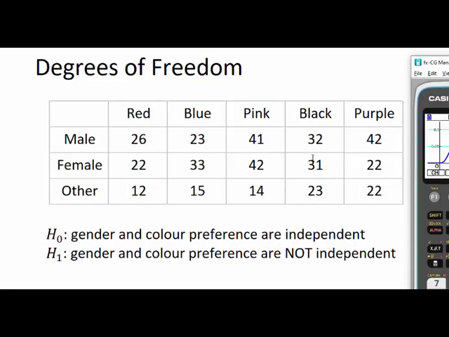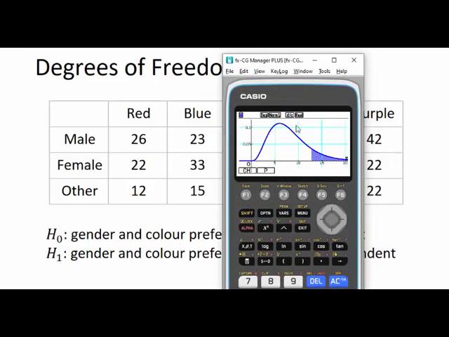Now, so what we're saying is that if the null hypothesis is true, then what is the chances that this could have happened? And of course you're going to get natural fluctuation. That's going to happen. And all of the possible samples are here. And we've measured the chi-squared distance away, and that is this number here, chi-squared, 12.7.